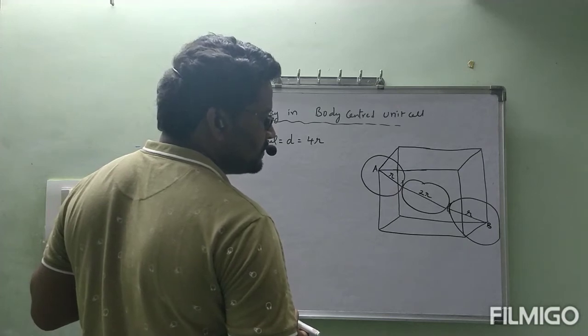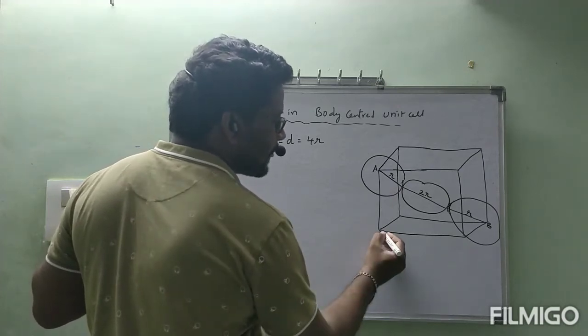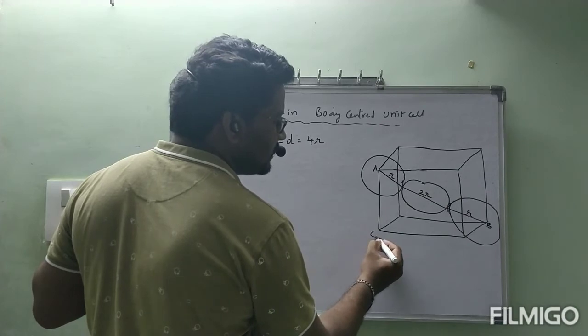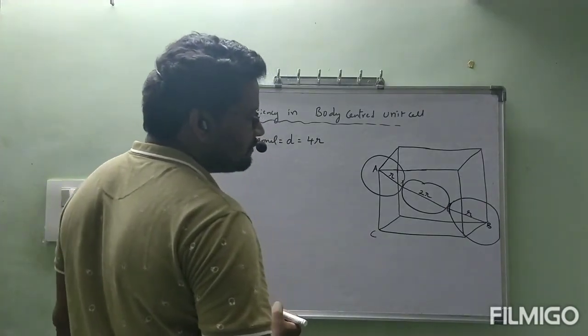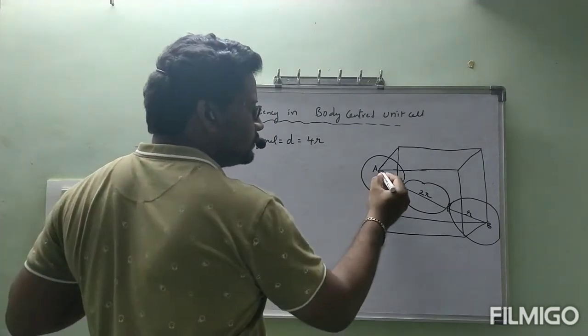This is A and this is B, and this is C. These three will form a right angle triangle.